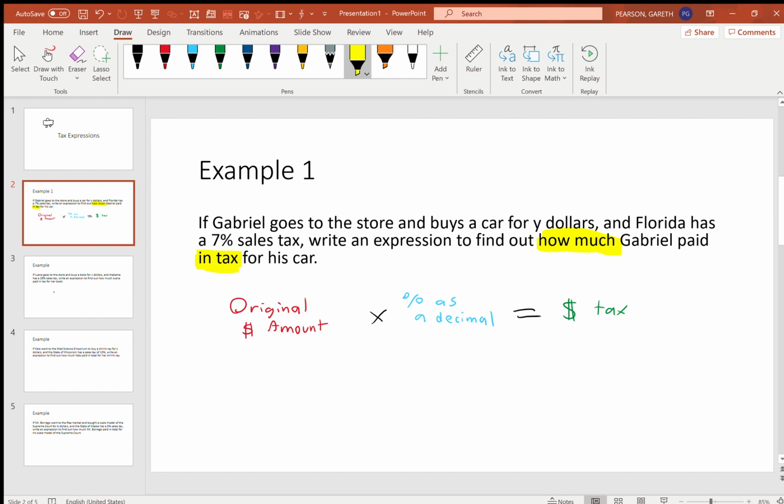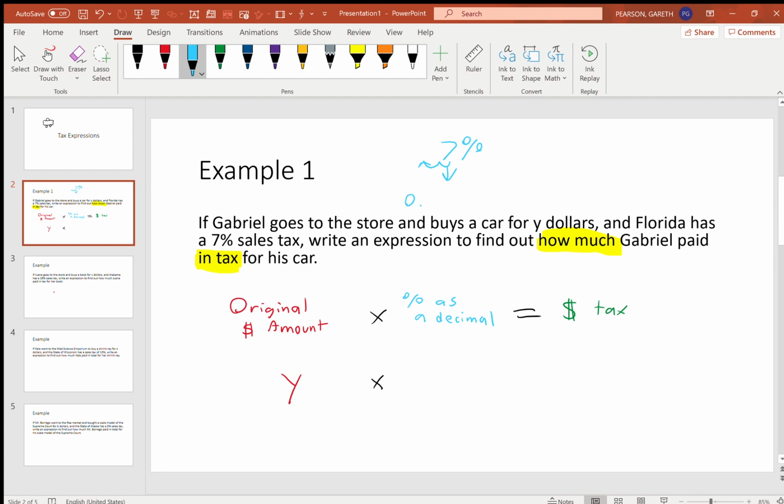Now here, as you can see, we don't have an original amount. They're telling us it's Y dollars. So let's put the original amount as Y. We don't know it yet, but we know it's going to be Y, whatever that is. Y dollars times 7% as a decimal. If we take 7% and turn that into a decimal, we move the decimal point 2 spaces to the left.